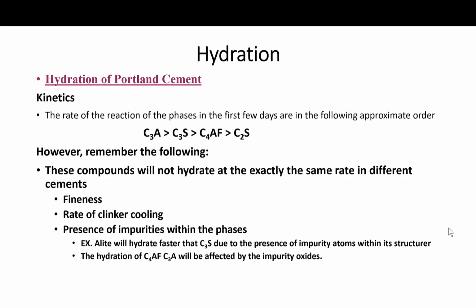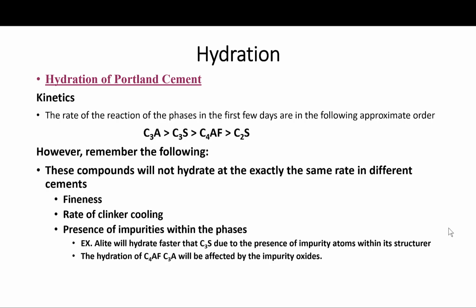The rate of the reaction of the phases in the first few days are in the following approximate order. The C3A is the fastest, then followed by the C3S, C4AF, and then the C2S.